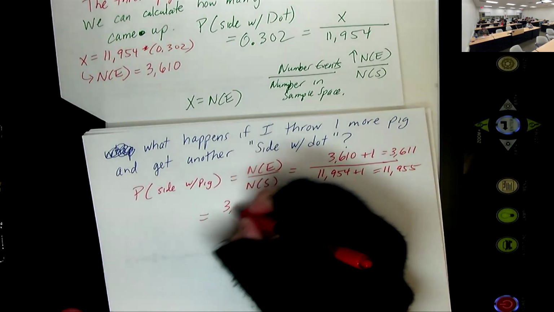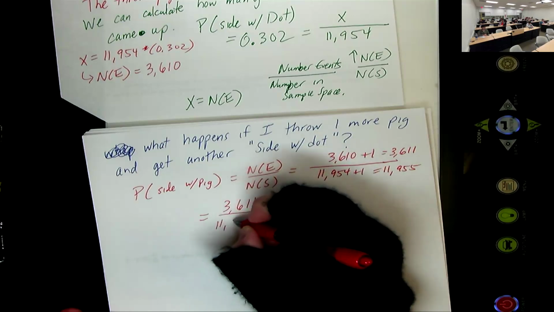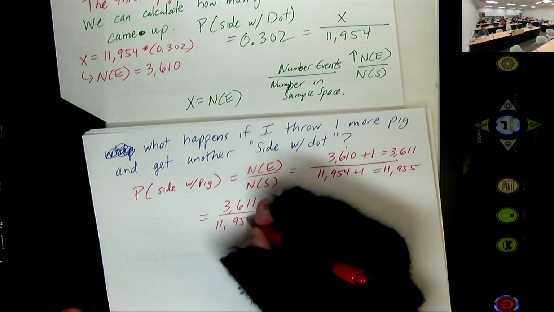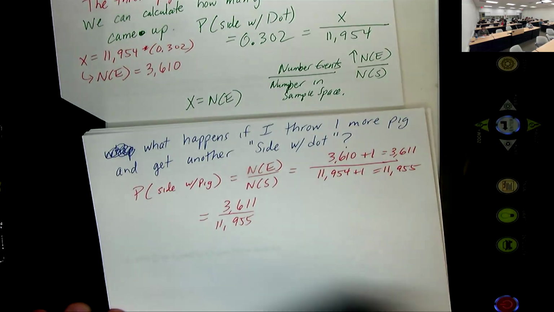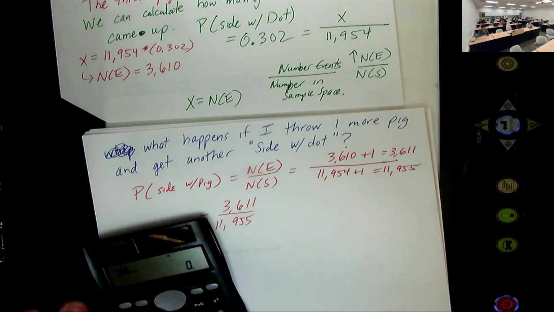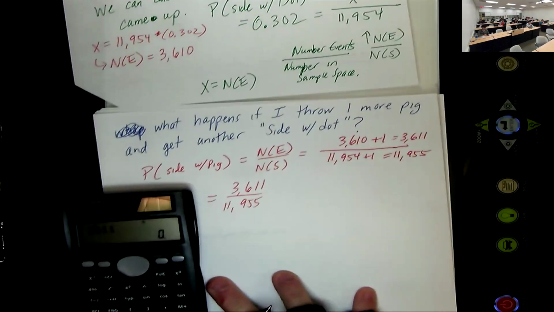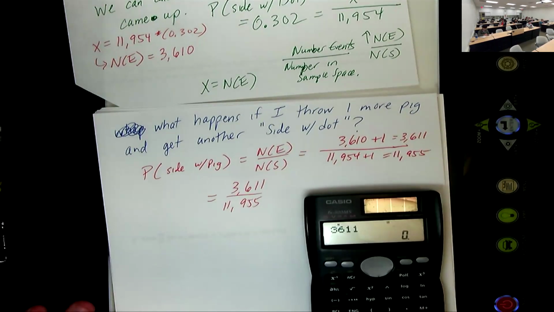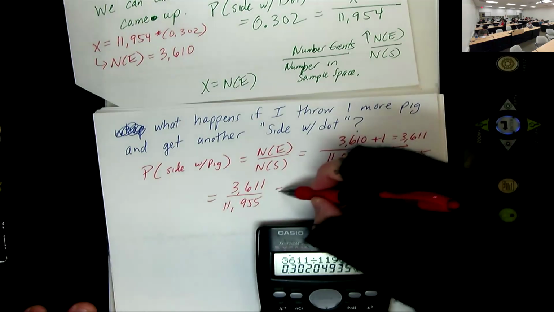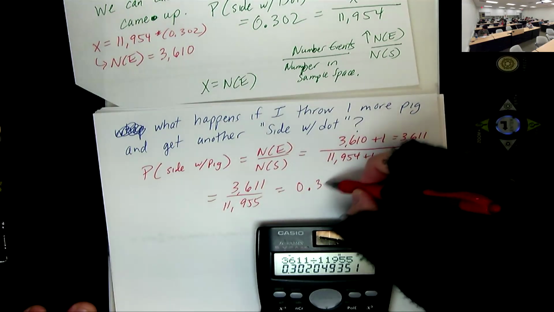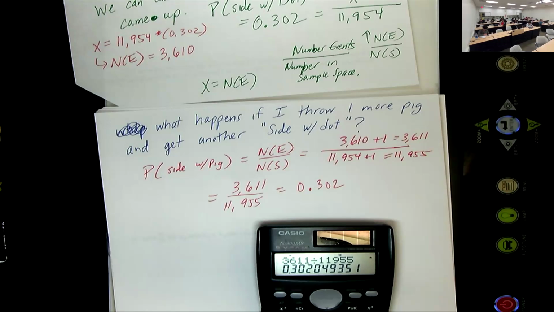So 3,611 over 11,955. To 3 decimal places it's still 0.302.